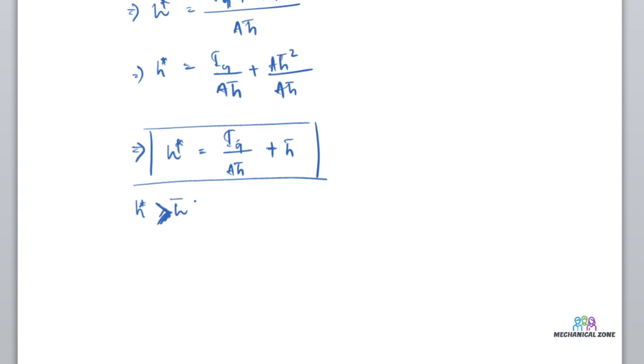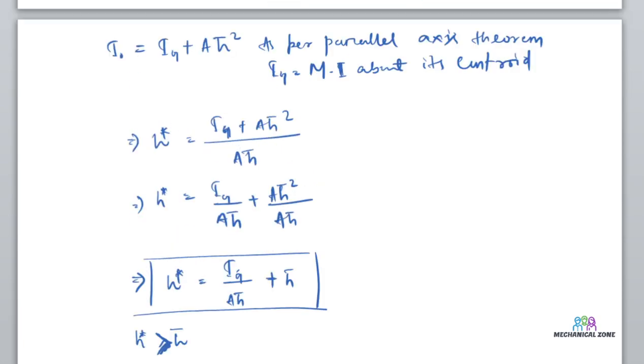So with this we have derived the expression for the distance of center of pressure from the free surface of liquid, and at this point our total force due to pressure acts.